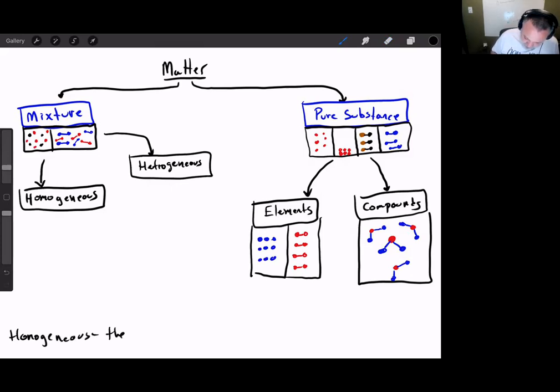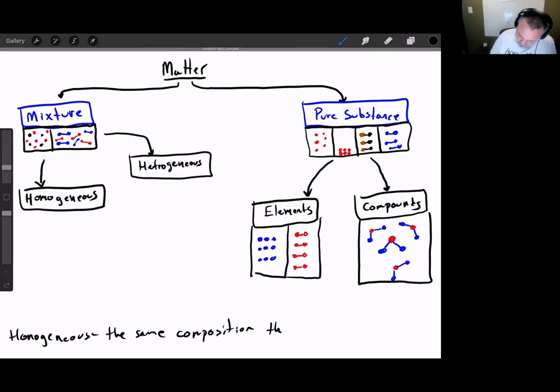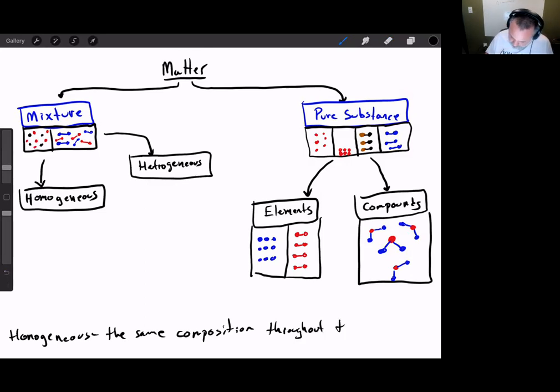Homogeneous means the same composition throughout the mixture. Okay.